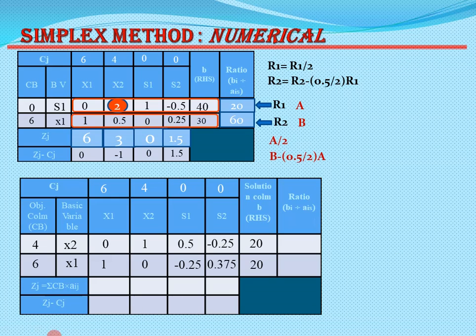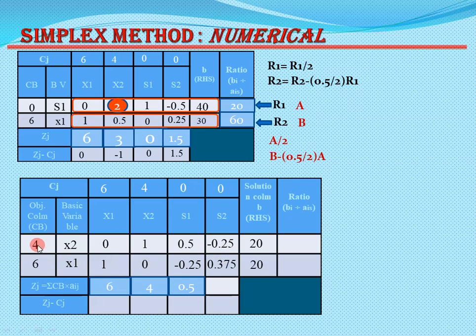Now next we have to find the Z0. For this Z0 we have to write 4 into 0 plus 6 into 1. So we get this value as 6. For next column value, 4 into 1 plus 6 into 0 will be 4. Next value, 4 into 0.5 plus 6 into minus 0.25 will be 0.5.